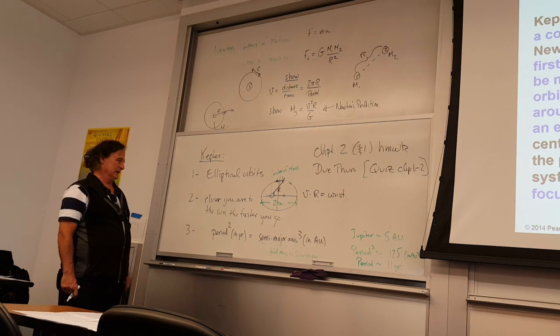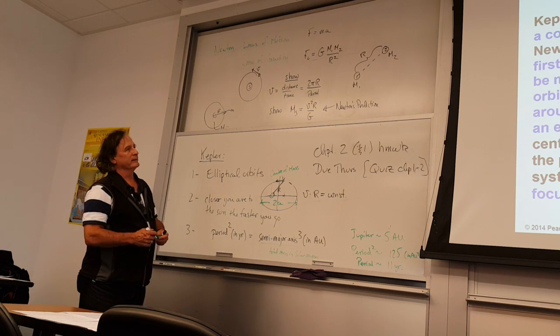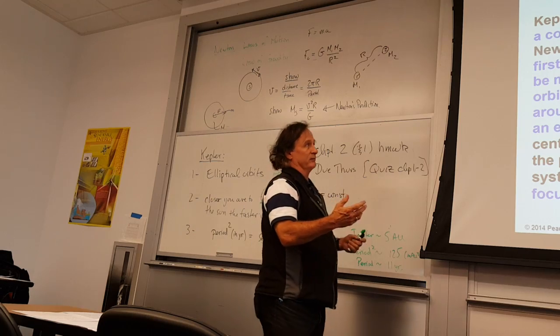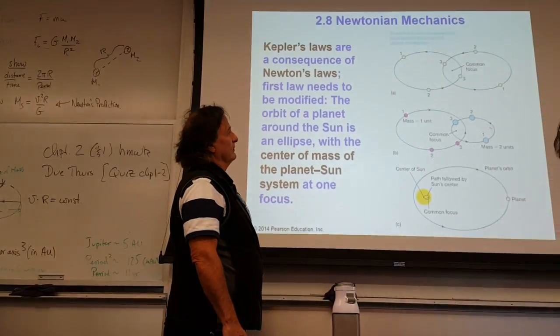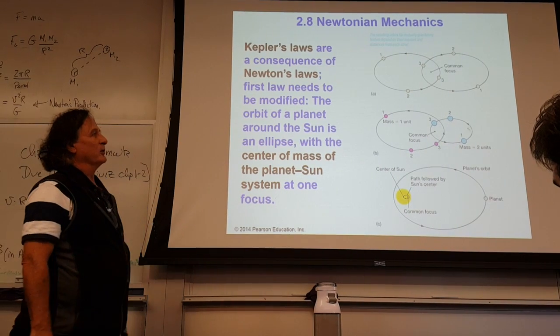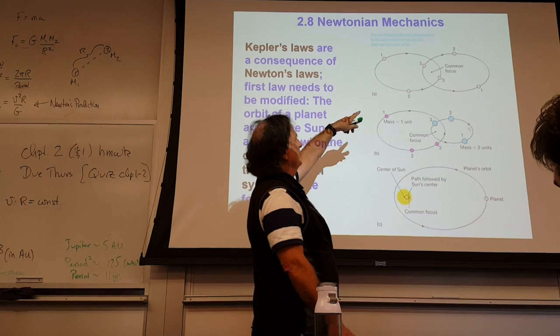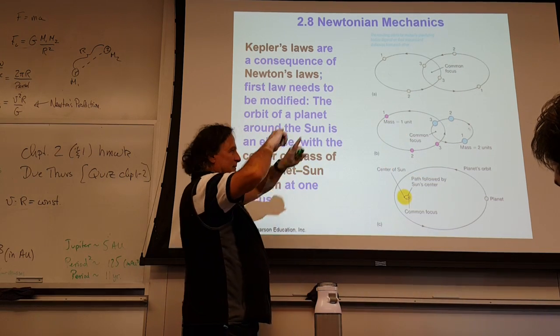So there were some adjustments, and that led to certain types of orbiting phenomena like binary stars. You could predict there's a common focus to binary stars. Both of them orbit the same focus, the center of mass.